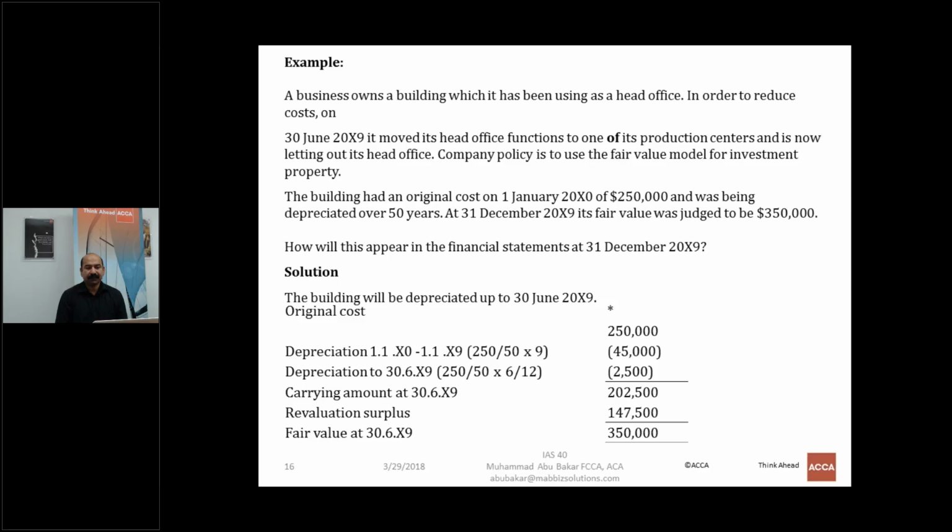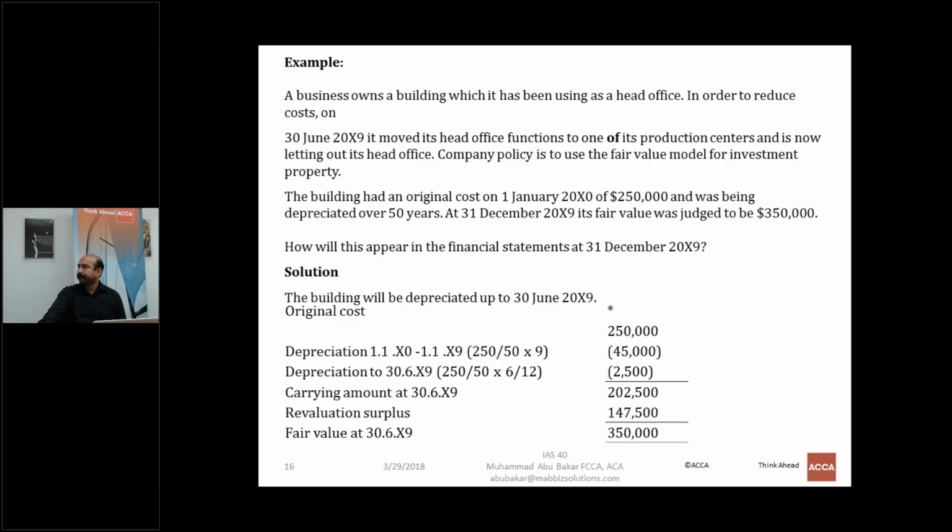At 31st December 2009, its fair value was judged to be 350,000. How will this appear in the financial statements at 31st December 2009? You can see that we bought this building on 1st January 2010 at a cost of 250,000. It is being depreciated over 50 years.